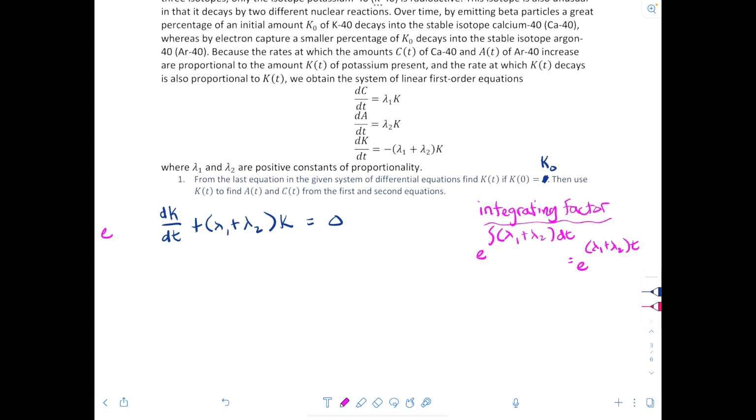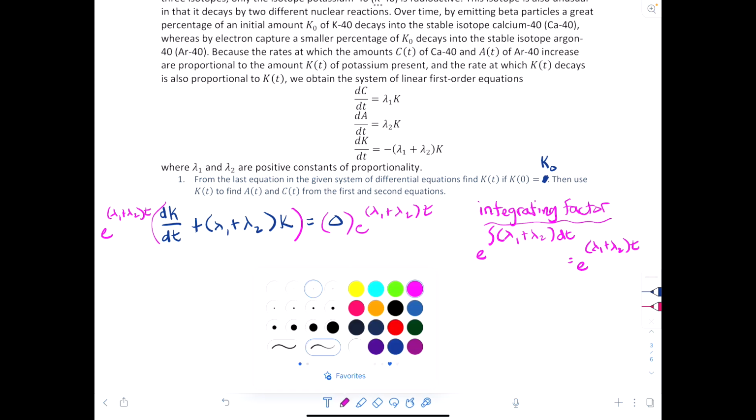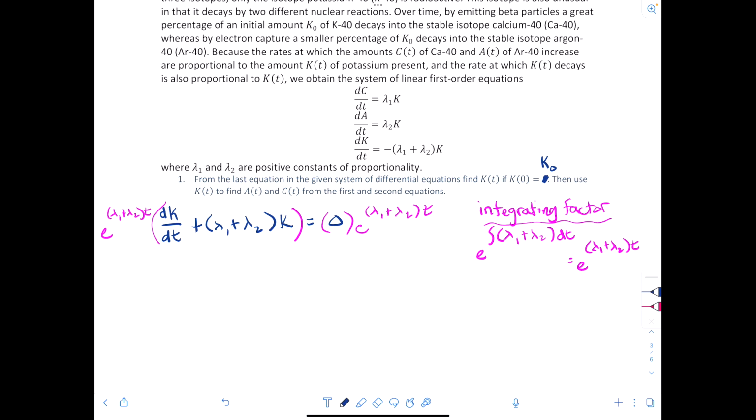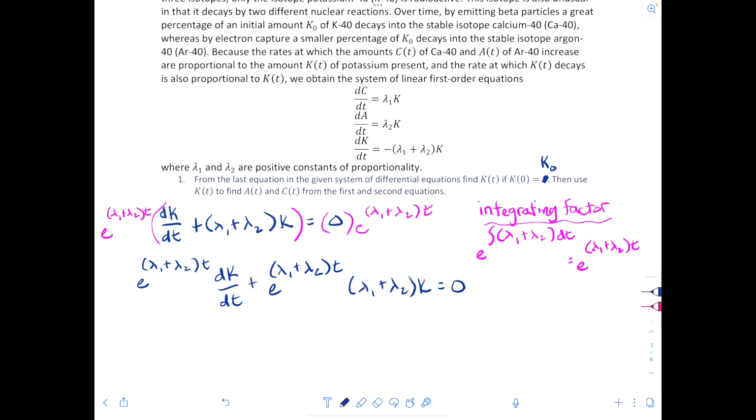So when we multiply both sides by e to the lambda 1 plus lambda 2 times t, we will have e to the lambda 1 plus lambda 2 times t dK/dt plus e to the lambda 1 plus lambda 2 quantity times t, times lambda 1 plus lambda 2 times K, is going to be 0.